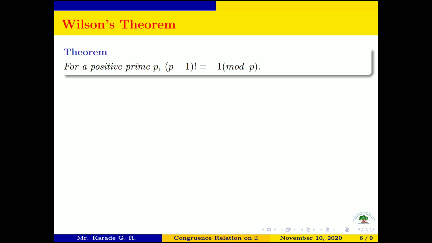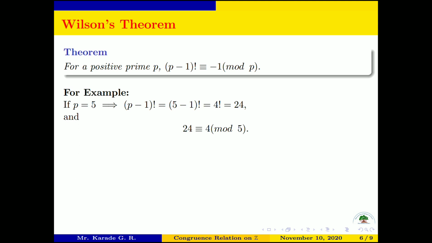So let us take one example. Suppose we have a positive prime p equal to 5. Then p minus 1 factorial is 5 minus 1 factorial, which is equal to 4 factorial, and 4 factorial is nothing but 24. But we know that 24 is congruent to 4 mod 5.